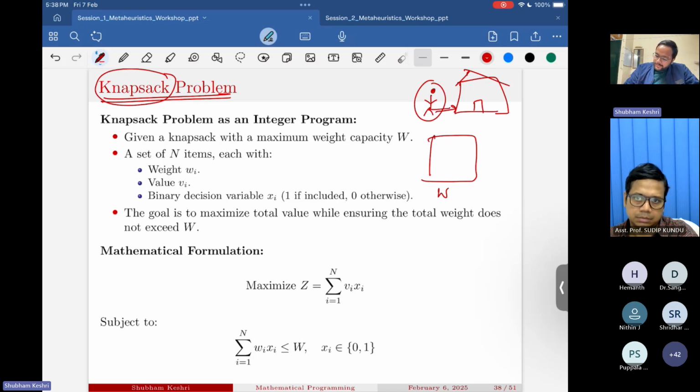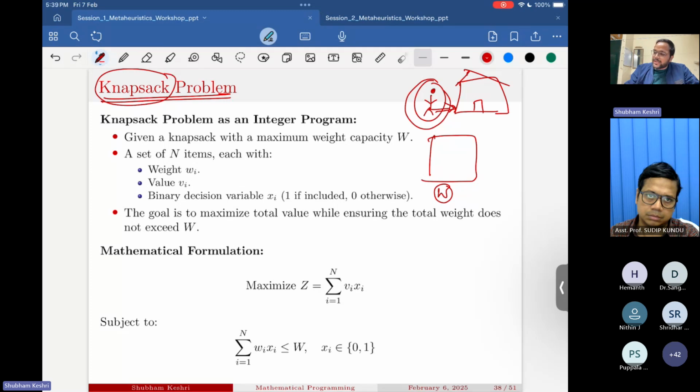Now this thief enters this house and he sees items. Some items are more valuable according to him than others. He has to make a choice. His bag has a limited capacity, so he cannot steal all the items from the house.